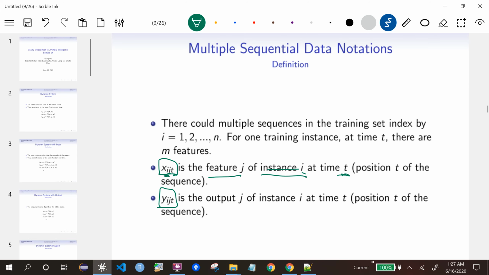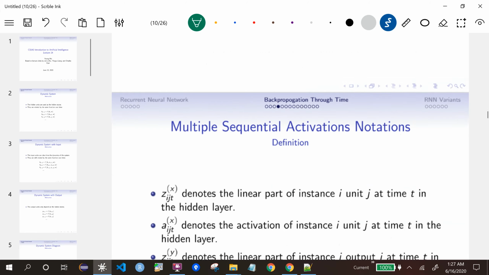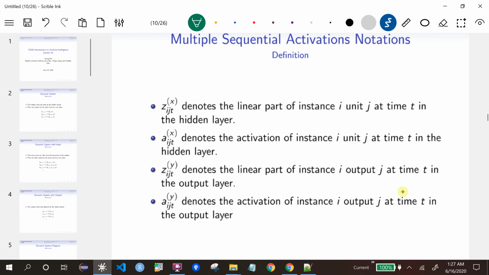For exactly the same reason, we have yijt as well. And all of these activations and linear parts have subscript ijt as well, because we can have multiple units in the hidden layer. These j's are basically the units, and the output is the same. It's multiple units in that layer.